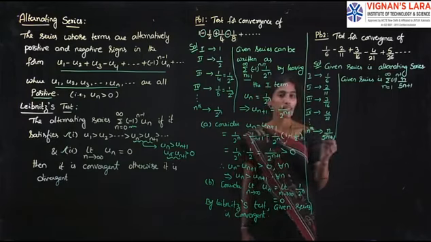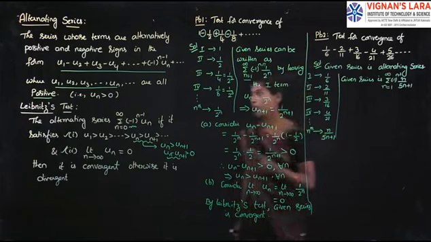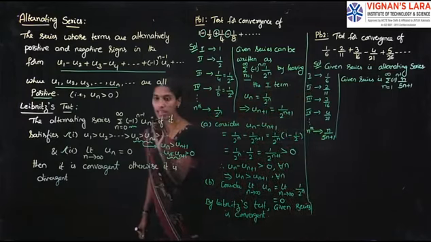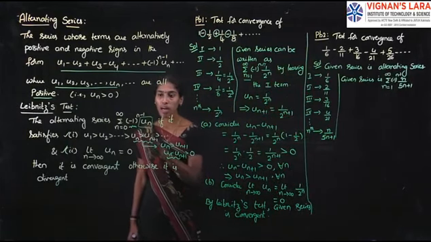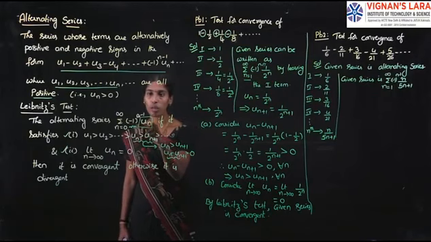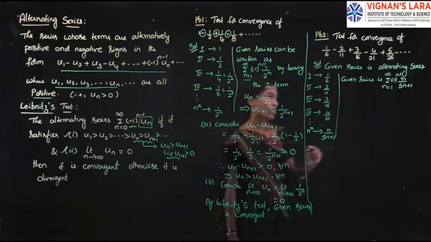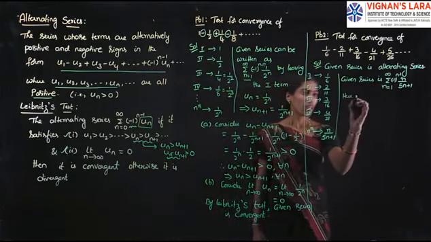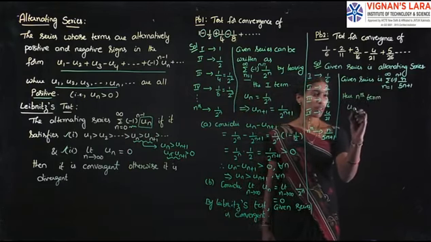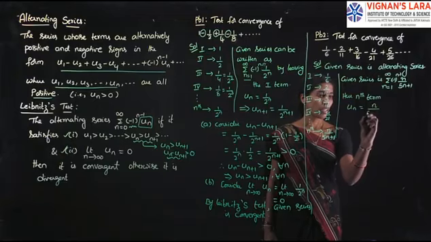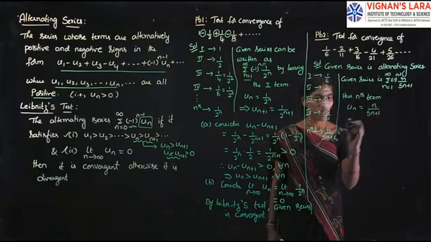So what is the nth term here? While we apply the Leibniz test, the nth term un means the term beside sigma, not including minus 1 power n minus 1. Here the nth term un is equal to n by 5n plus 1.